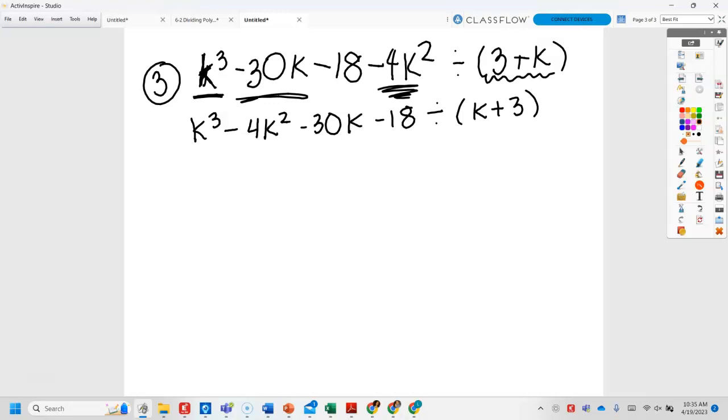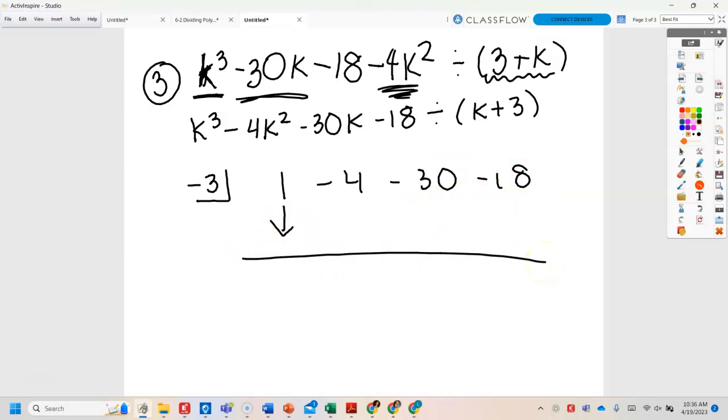What method would you choose? Can I even do synthetic? Yeah. So if you can do synthetic, synthetic is the easier choice. So you can put your negative 3 in your block. 1, negative 4, negative 30, negative 18.